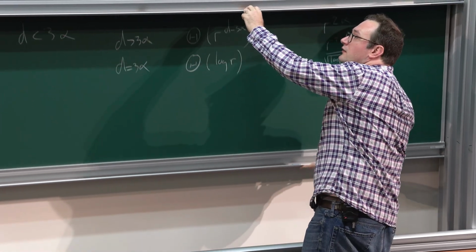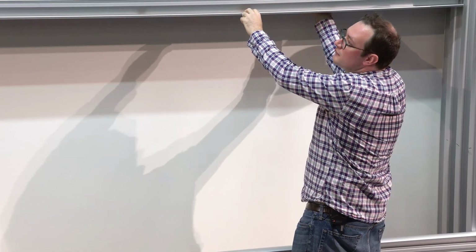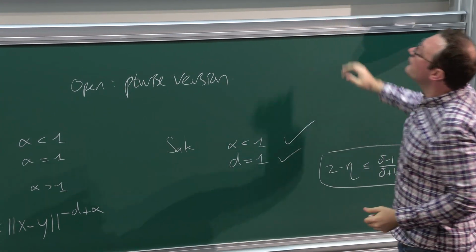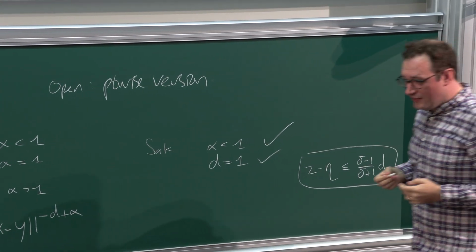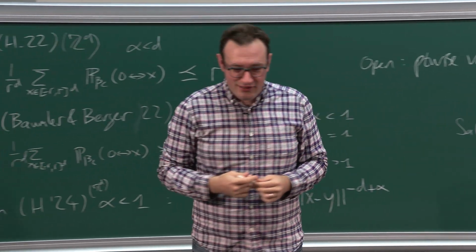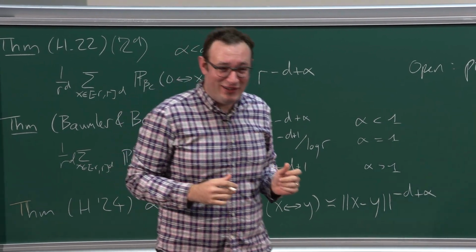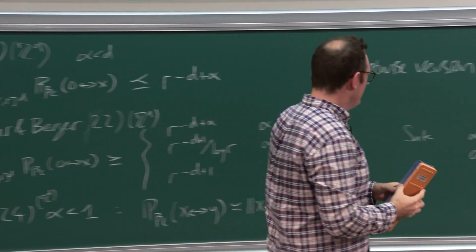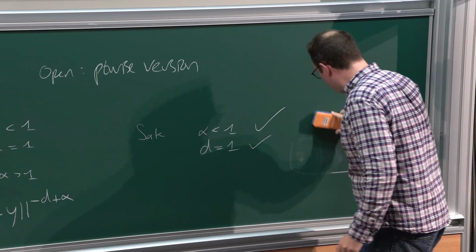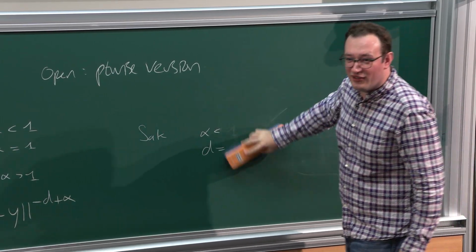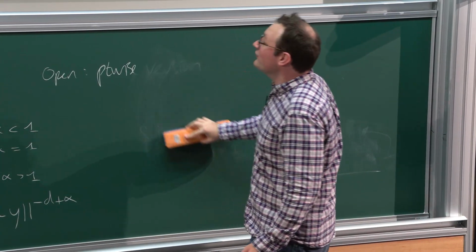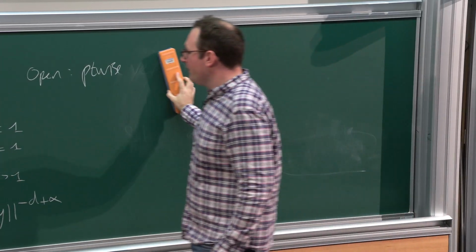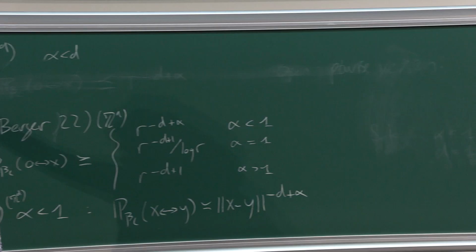So that's how things stand, I guess, in terms of things that are actually available in the archive. So now let me tell you the new results that I also want to tell you about. Essentially, what I've been working on for the last year or so is trying to extend this hierarchical analysis to Z^d.